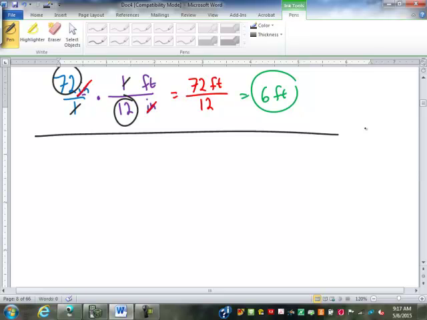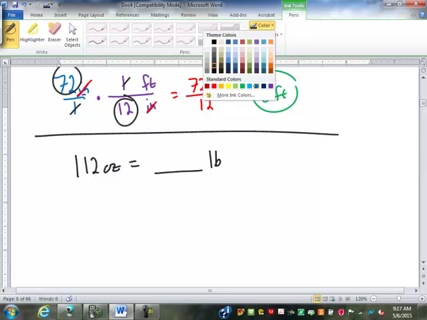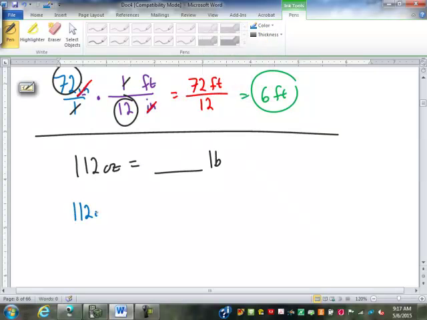Or you might have something like 112 ounces. Want to convert it into pounds. So again, 112 ounces over 1. What's going to go in our conversion factor? Well, what's going to have to go on bottom? Ounces, right? So they'll cancel out. So what'll go on top? Pounds, because that's what we're changing to.